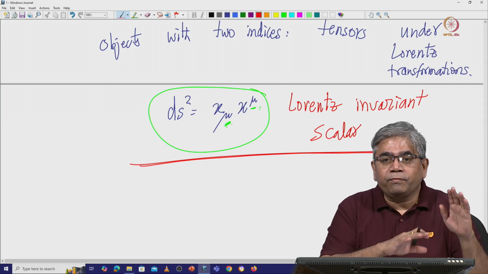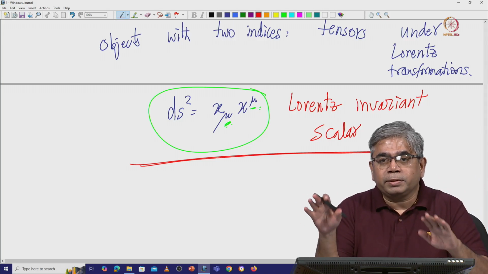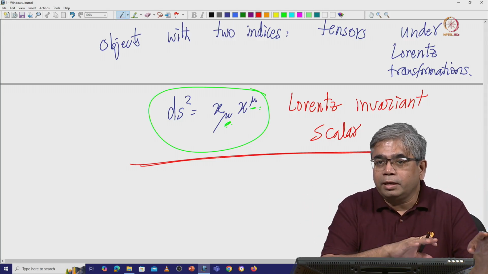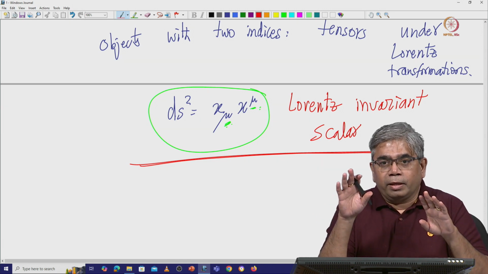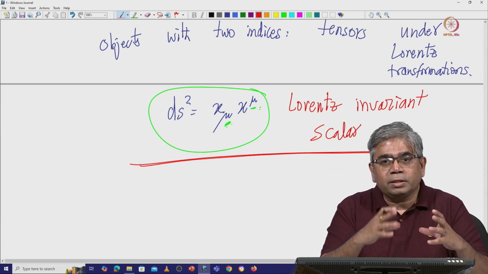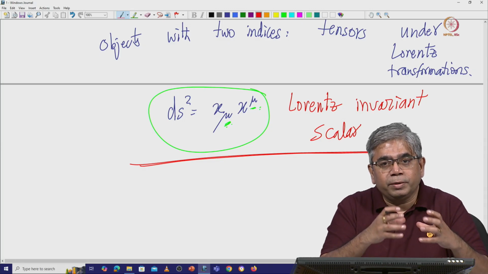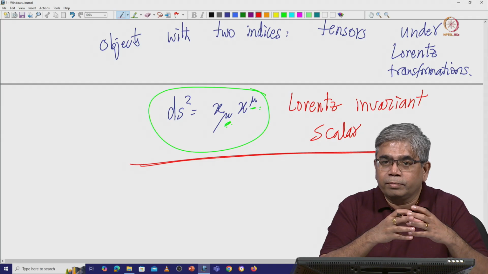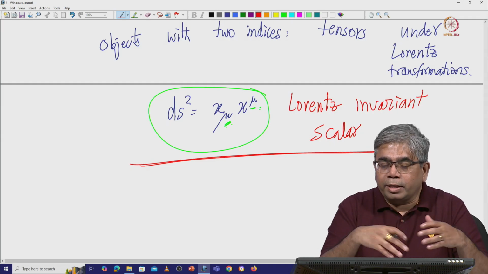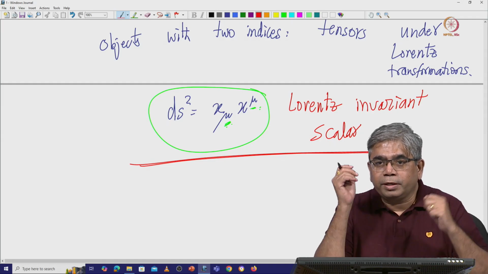If you move from one frame to another in the special theory of relativity, you do not use Galilean transformations, you use Lorentz transformations. In every frame of reference, if you want some quantity to be invariant, to be the same, such a quantity is called a scalar. It is invariant under Lorentz transformations.